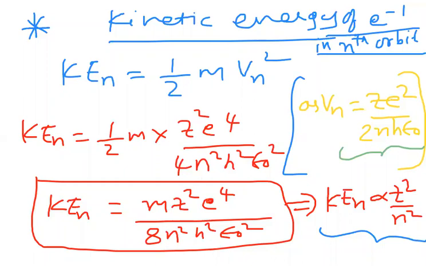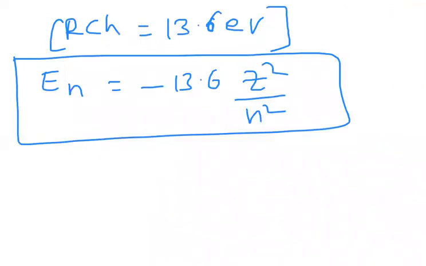So from these, the final conclusion I can give is the relation between total energy, potential energy and kinetic energy. Total energy is the negative of kinetic energy.